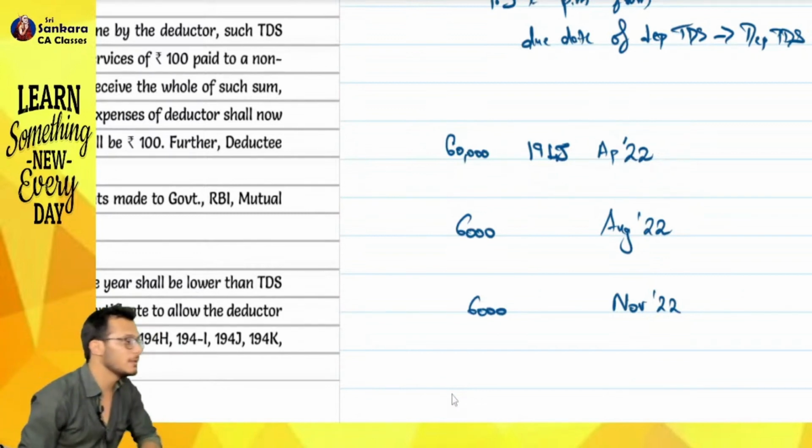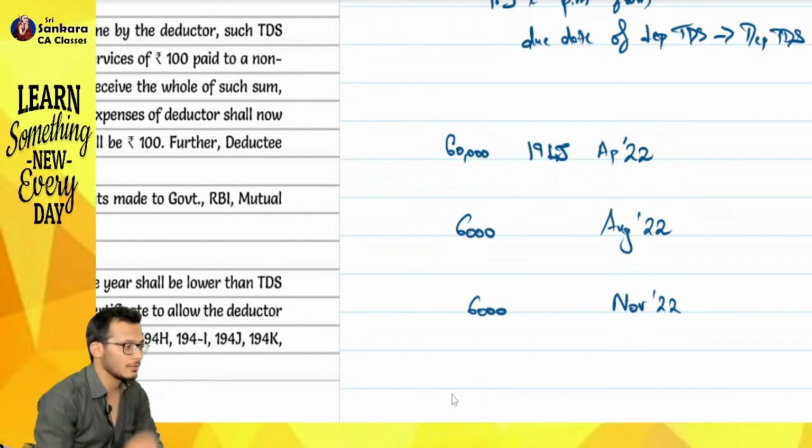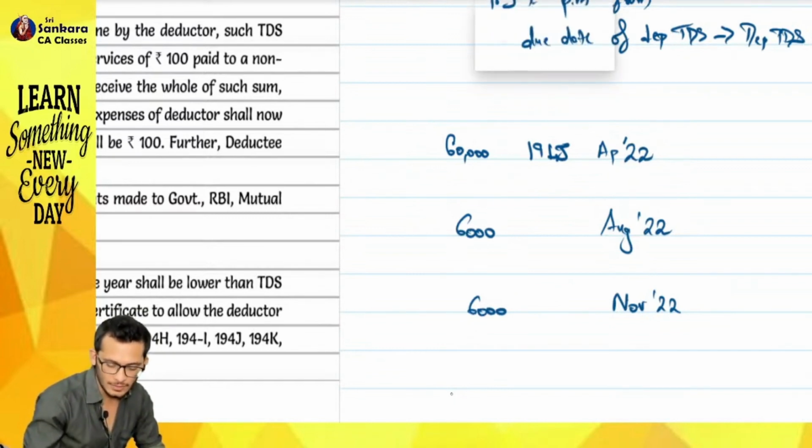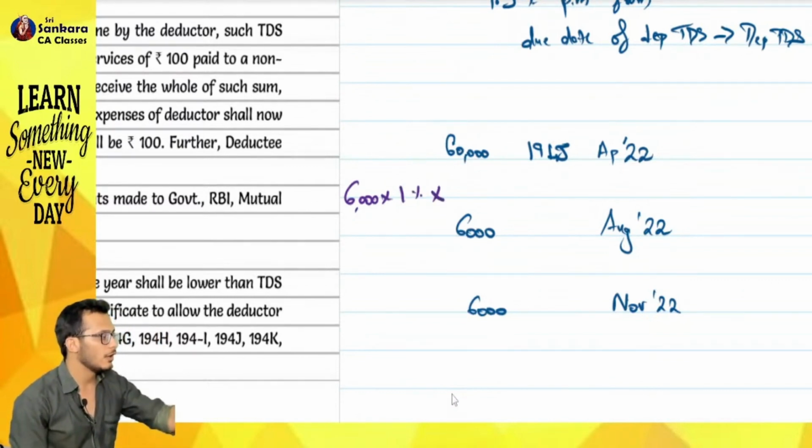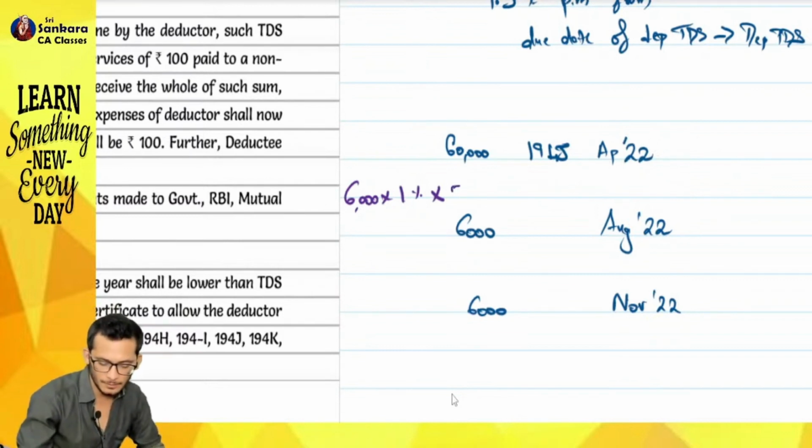How do you calculate? First time you forgot to deduct 6,000. So you will levy interest at the rate of 1% on 6,000 into how many months? April, May, June, July, August. Did you deduct in August? Yes. So therefore for 5 months, the number is 300.